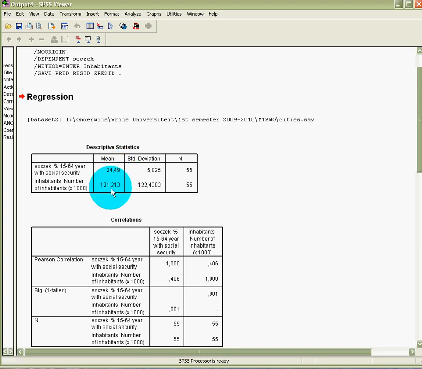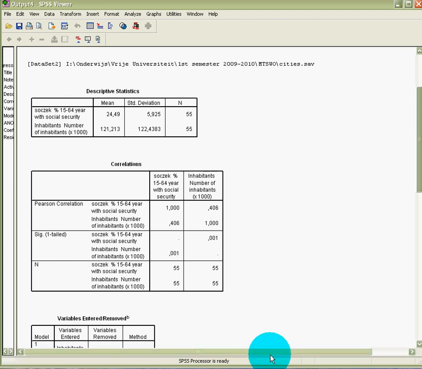The average number of inhabitants of cities is a little over 120,000, but let's go on. I don't want to involve myself now with these correlations, but you see there is a correlation between the two of about 0.4. So this is not very strong, but it's also not very weak. This is somewhere in between, and we will discuss this later.